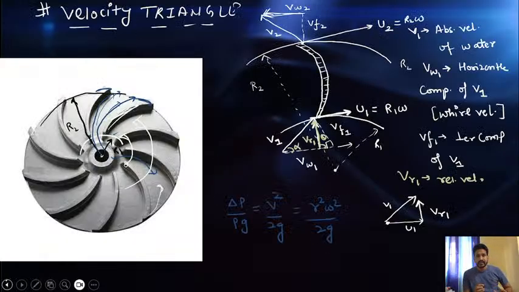Now tell me, is there any issue in the velocity triangle? Should I repeat it again, or can we move forward, guys?